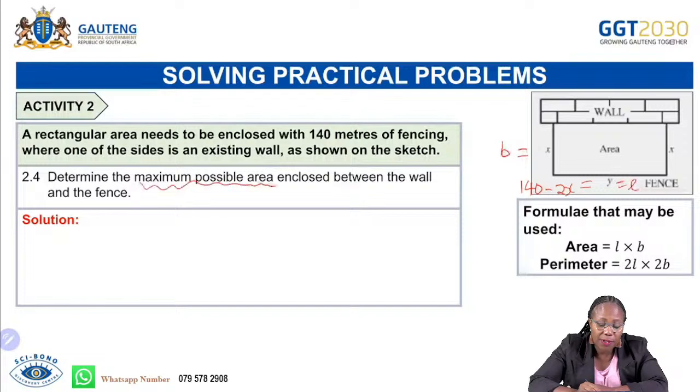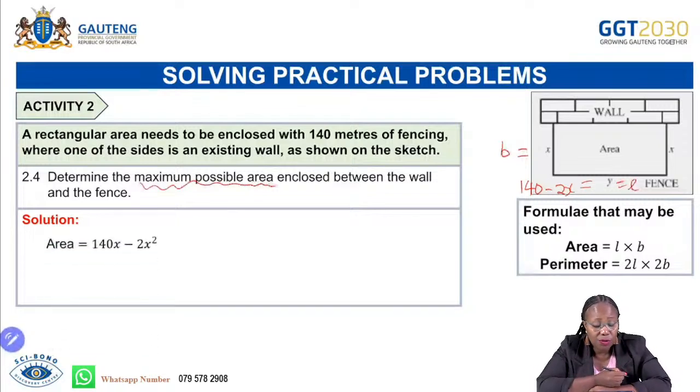Maximum possible area. That means we are going to now take the value of x that we have calculated on 2.3. After maximizing area, we find the value of x being 35. Now we want to calculate the maximum possible area that will be enclosed by this fence.